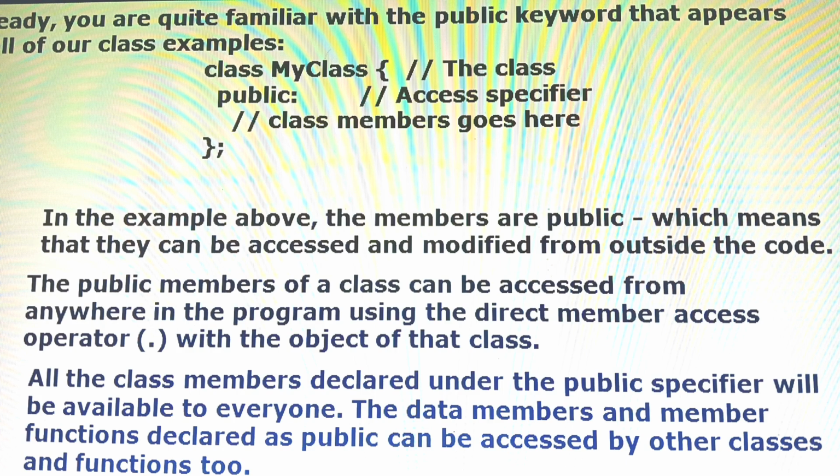How to access those class members? First give the object name, the class object name, then give the dot operator, then give the variable name or function name. That way we can access them outside the class. That is the format of accessing members. All the class members declared under the public specifier will be available to everyone.